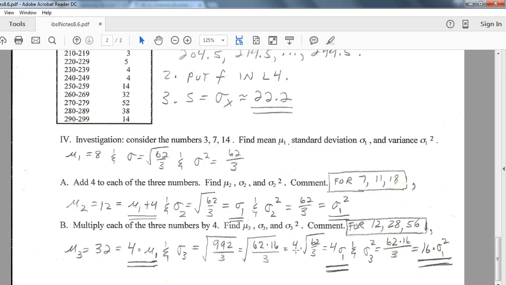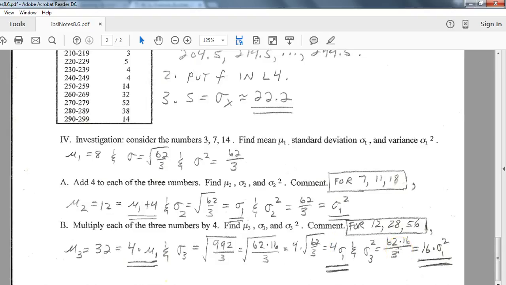On these, here was the original standard deviation. When you multiplied all your numbers by 4, you also multiply your standard deviation times 4. So that's this little formula that you're seeing right here. It's saying take the original standard deviation and multiply it times 4. With the variance, remember that the variance is the standard deviation squared.